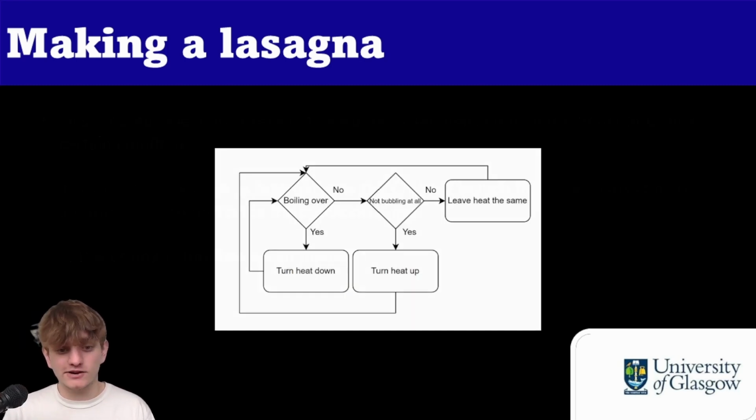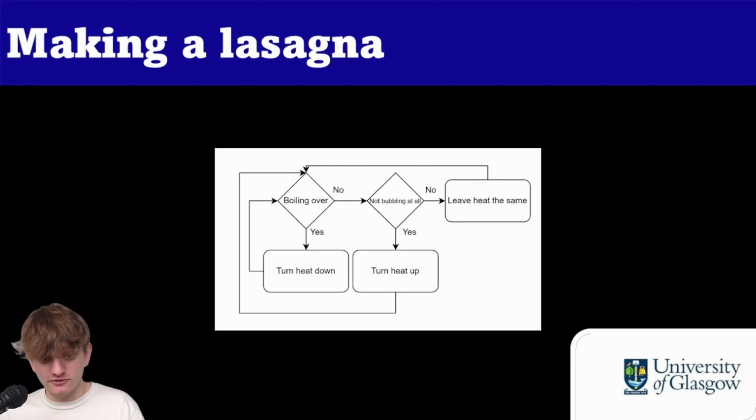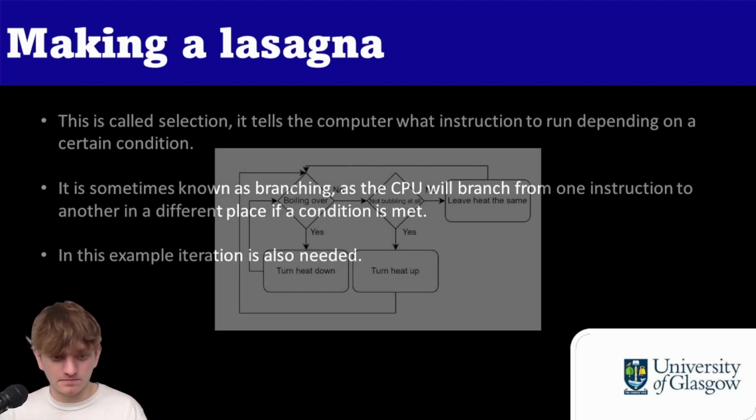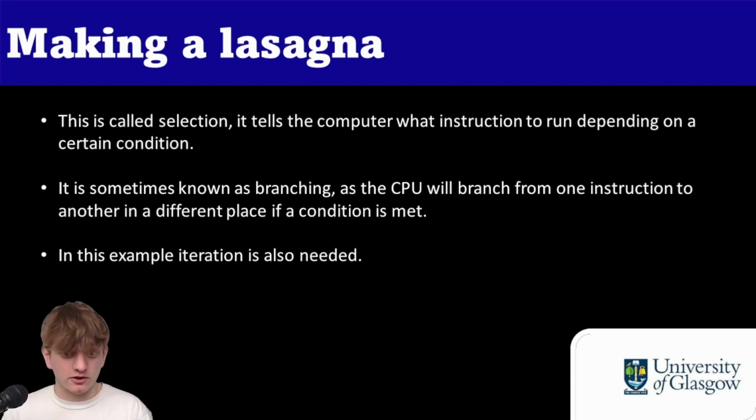So we go back to the previous slide. The condition here is if it's boiling over, and it's true, then I'm going to turn the heat down. And if it's not bubbling at all, then I'm going to turn the heat up. It's sometimes known as branching. So the CPU will branch from one instruction to another. Like the house analogy I used earlier, it might get to a certain house, and that house will say, instead of visiting the house next to me, I want you to visit the house on the other side of the housing estate.